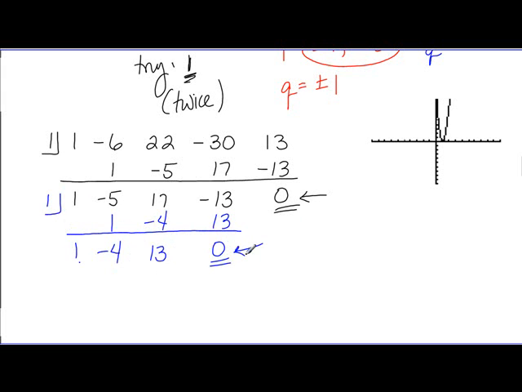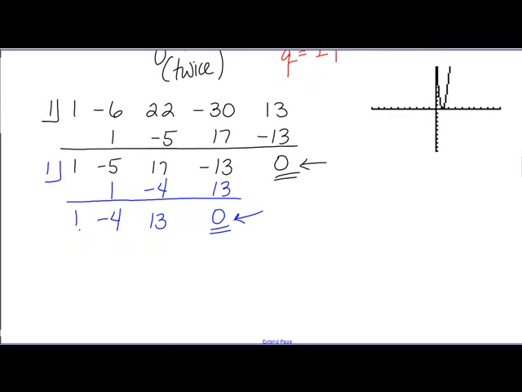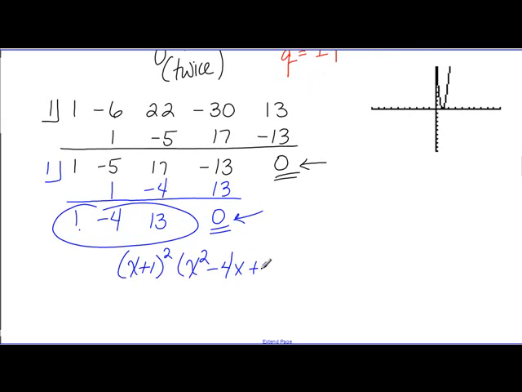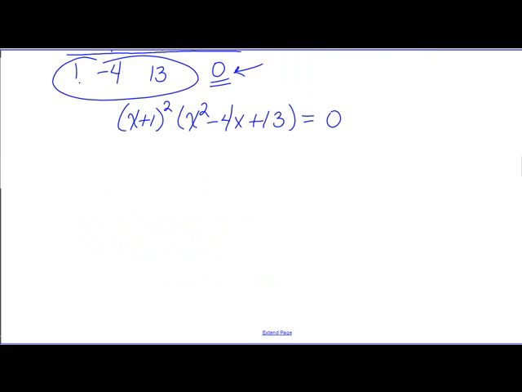So right here, I know that our function can be written as x minus 1 quantity squared times x squared minus 4x plus 13 equals 0. To finish the problem then, all I need to do is set x squared minus 4x plus 13 equal to 0 and solve that, probably using the quadratic formula.